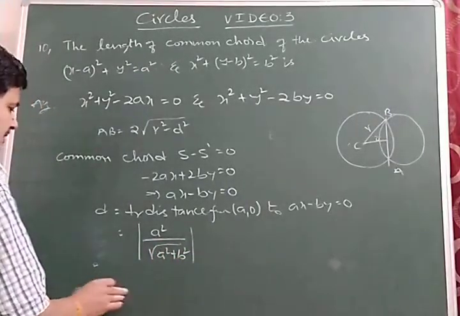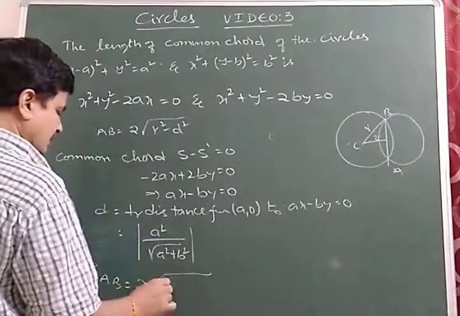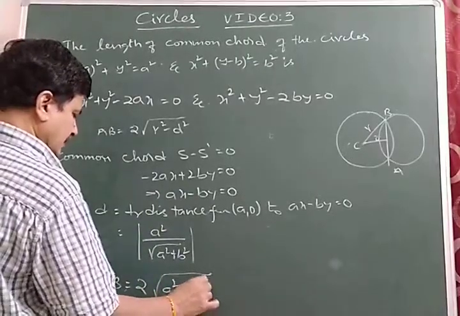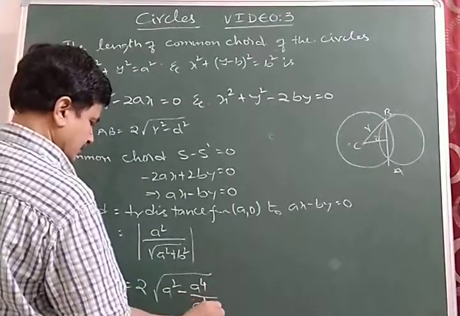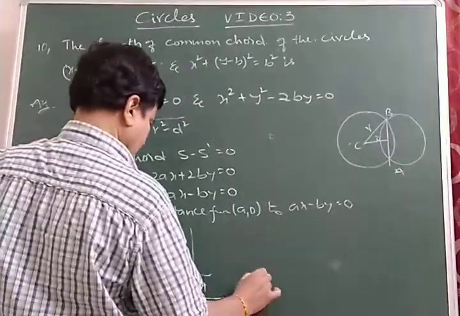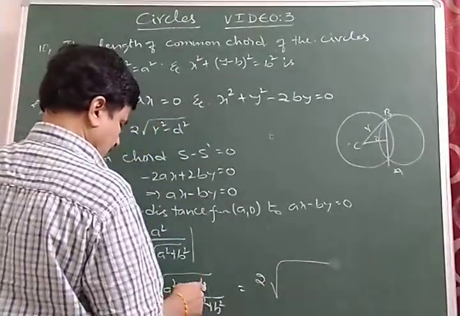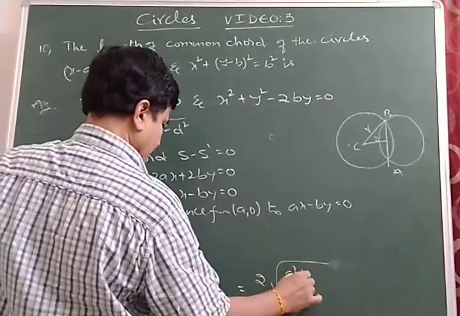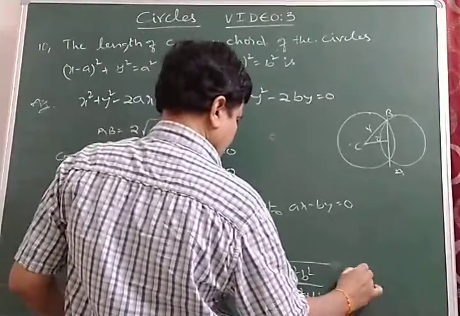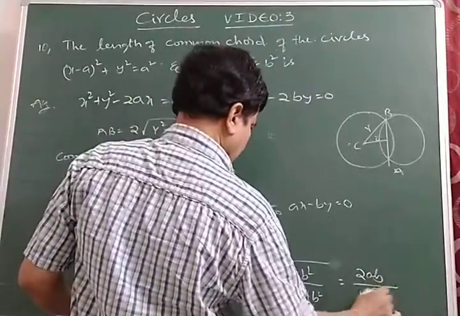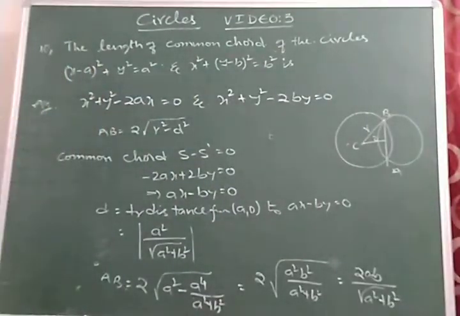Now the length of the common chord AB is equal to 2 into root of a square minus a power 4 by (a square plus b square). Now this is 2 into square root of, taking LCM, a power 4 minus a power 4 is cancelled, a square b square by (a square plus b square). So that is equal to 2ab by root of a square plus b square, which is the required length of the common chord.